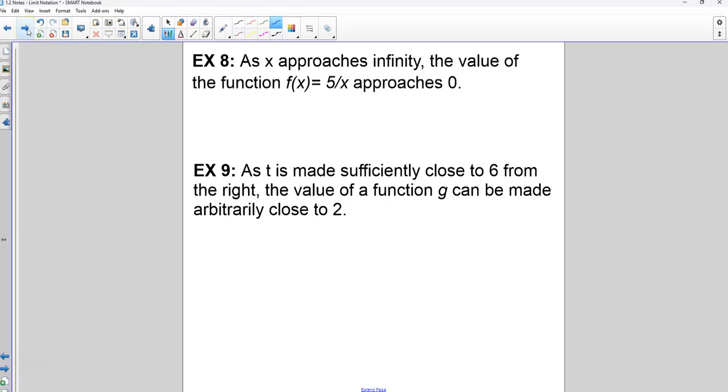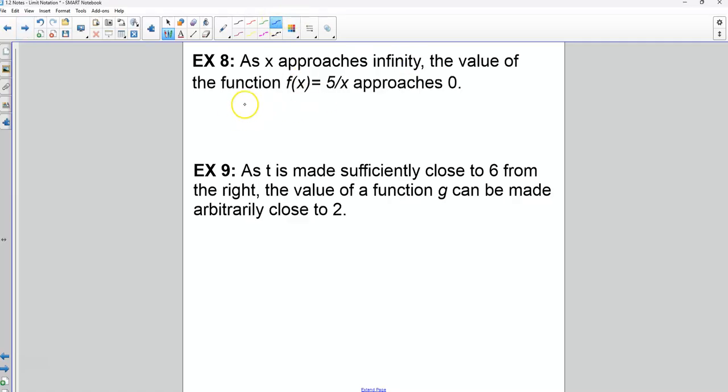As x approaches infinity, the value of the function f of x equals 5 over x approaches 0. This does not explicitly say it's even a limit, but as x approaches infinity, you can only do limits for that. Because can you ever actually get to infinity? You can't plug infinity in, right? It's not a real number. It's more of an idea than it is a number.